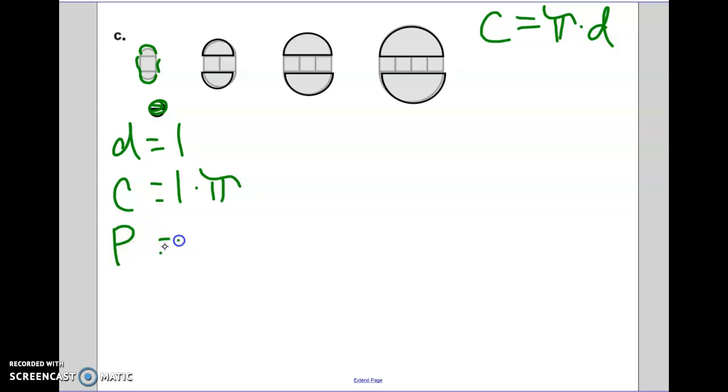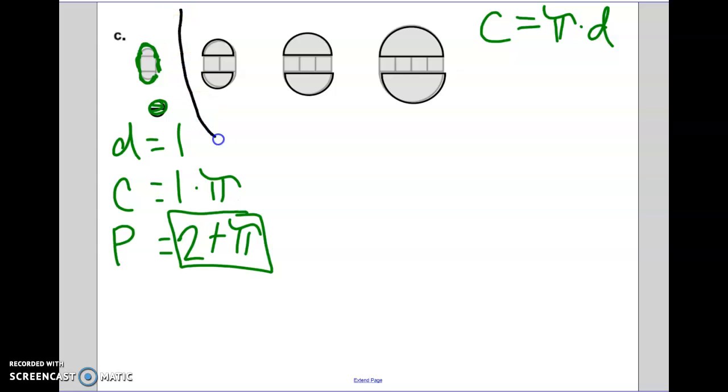And then the perimeter of the whole thing is going to be that half of the circle, that half of the circle, which is 1 times pi. And then we need to add another 1 and another 1. So we're going to go 1 plus 1 is 2 plus pi. Now that is the perimeter of that small shape.